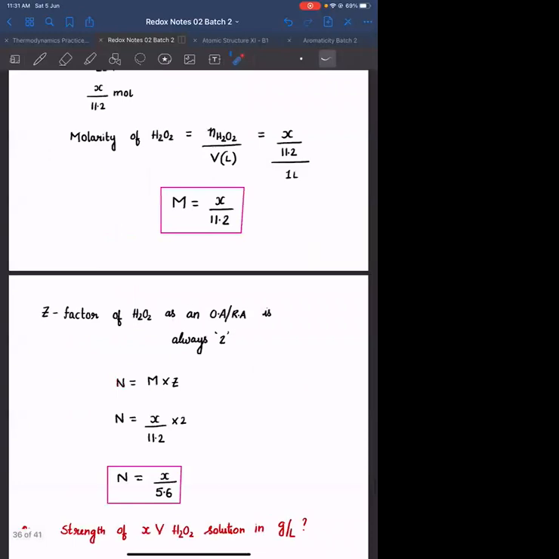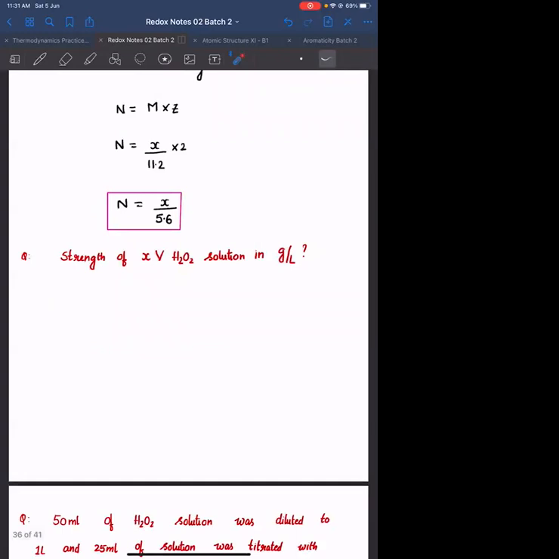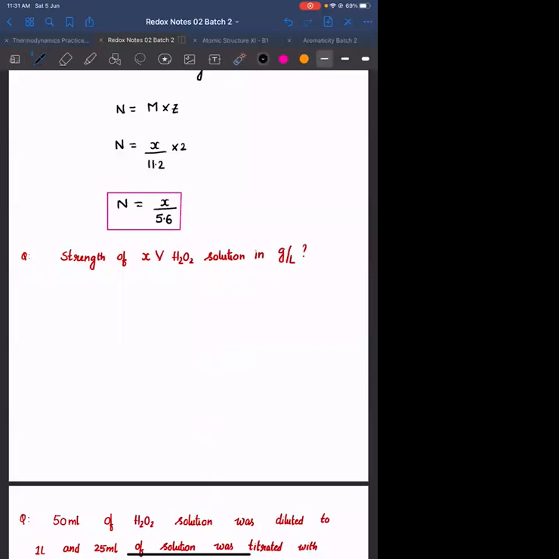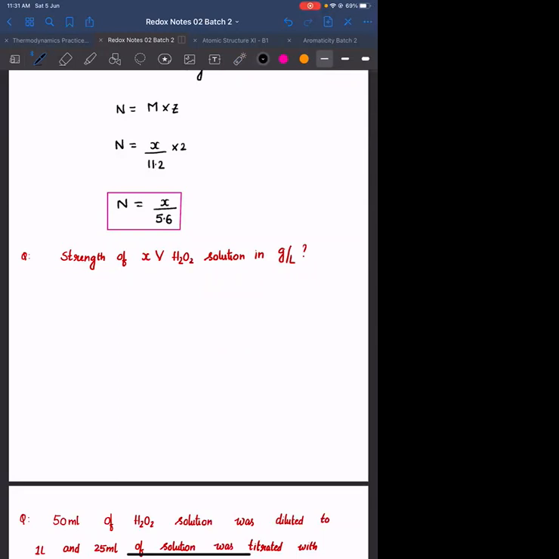You already know all of this information. Molarity पता है, सब पता है. You need to convert this in gram per liter. So 17x by 5.6, or it is 34x upon 11.2. Right? Good.